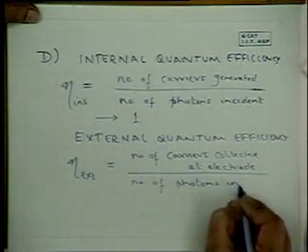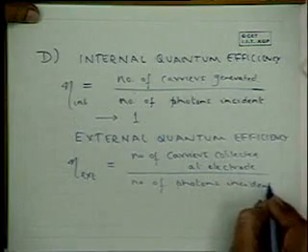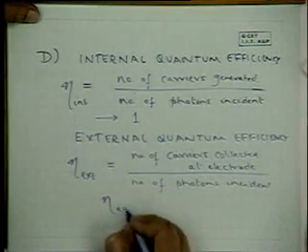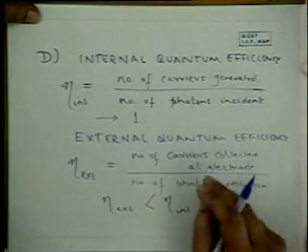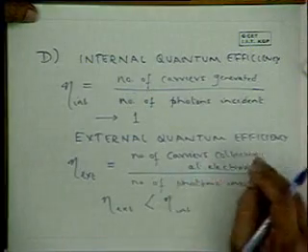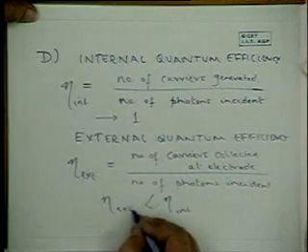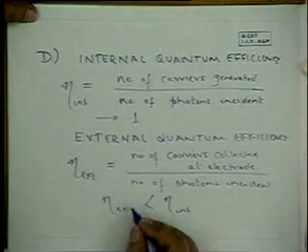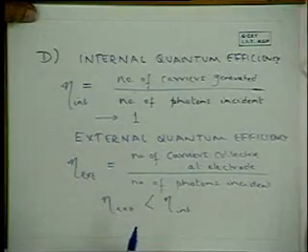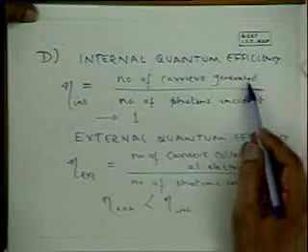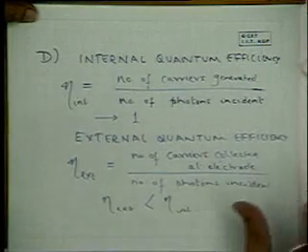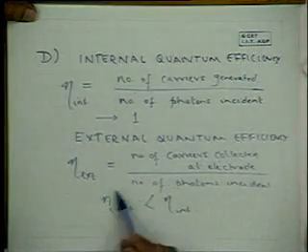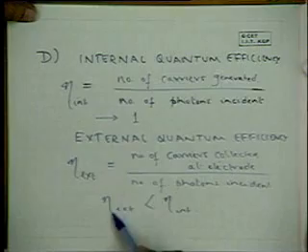And this eta x is less than eta internal because there may be collection losses, and for example in a photoconductor, if carriers recombine before collection, then obviously the number of carriers collected is going to be less than the number of carriers generated. Okay. So from the device point of view, finally it is the external collection efficiency which is going to determine the responsivity.